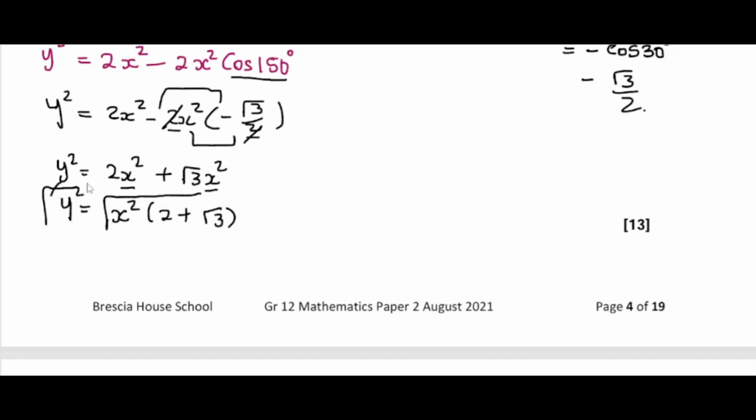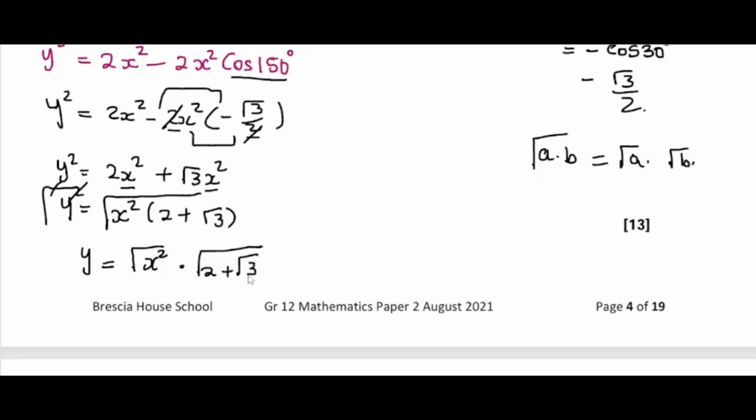So the squares cancel. I'm left with y equals, let's arrange this, because if I have the square root of a times b, I can write this as the square root of a times the square root of b. So I can write this as the square root of x squared times the square root of 2 plus root 3.